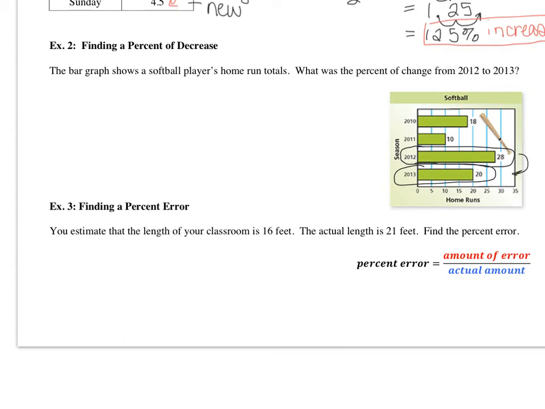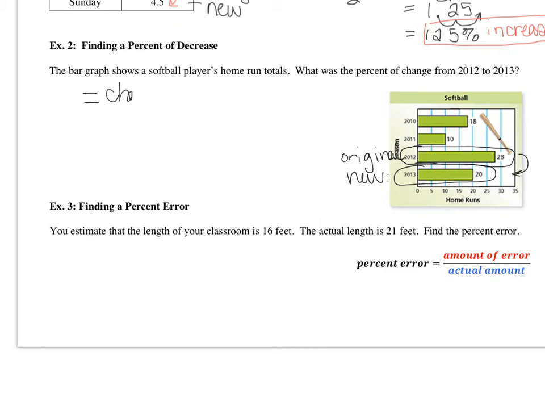From our original amount to our new amount, we did decrease by 8 home runs. That's why it will be a percent decrease this time. We need to figure out what's our original amount and what's our new amount. We started off in 2012, so 2012 will be our original. New will be 2013.